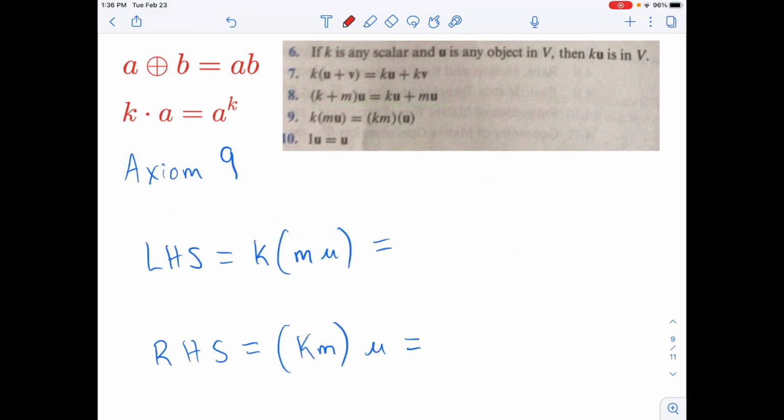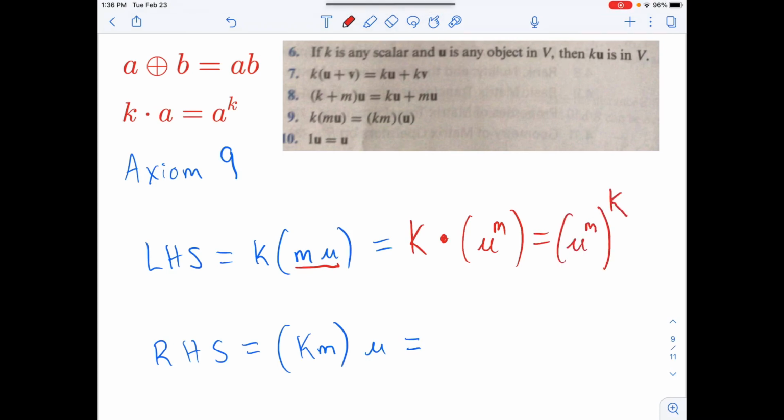Okay, and for axiom 9, the left-hand side requires that we do two scalar multiplications. The thing in the bracket is u to the power of m. That needs to be scalar multiplied by k, which means we have u to the power of m, and that gets raised to the power of k. That's the interpretation of the left-hand side.